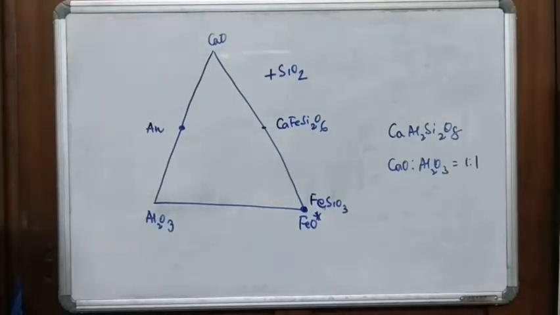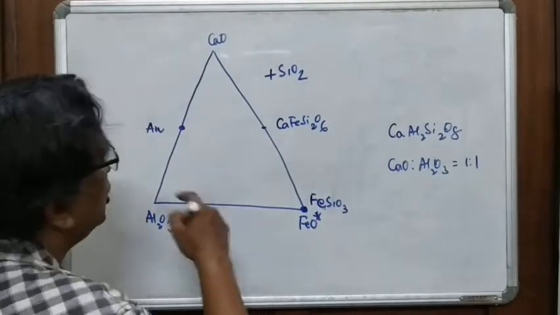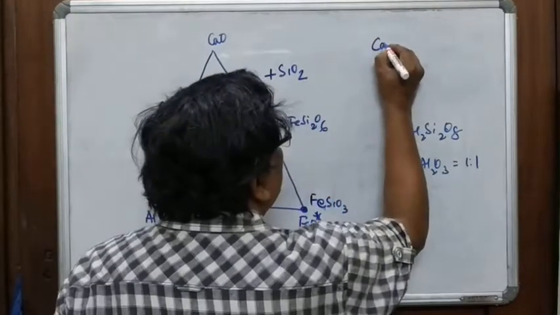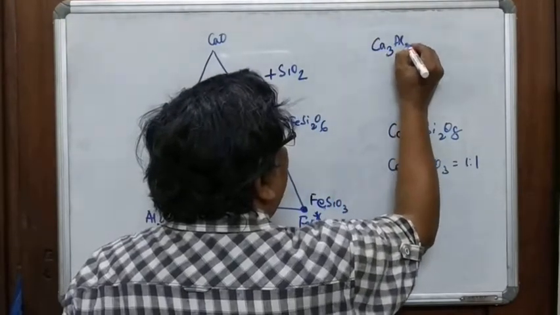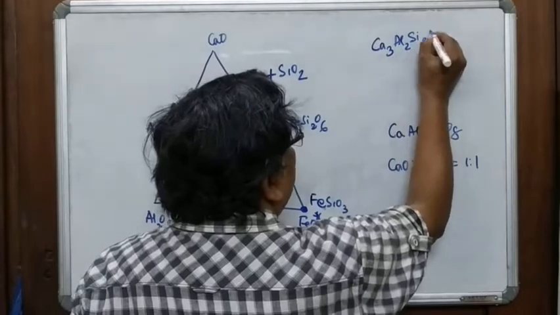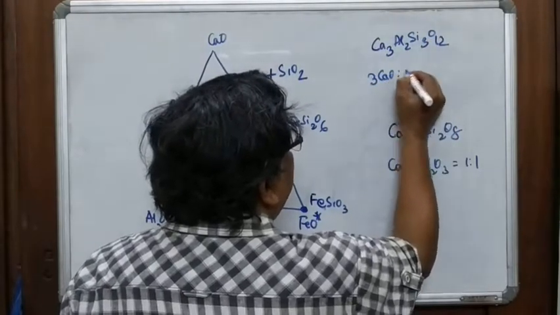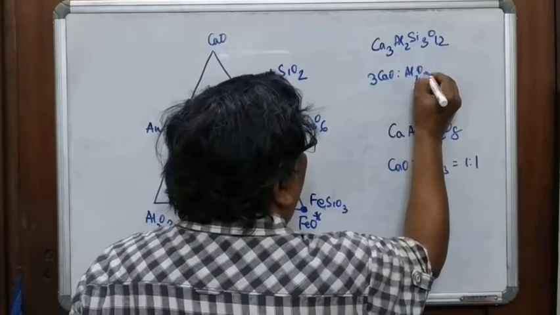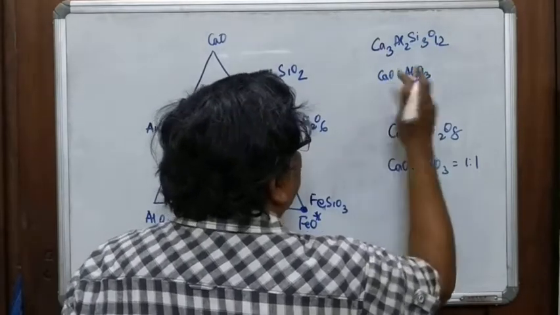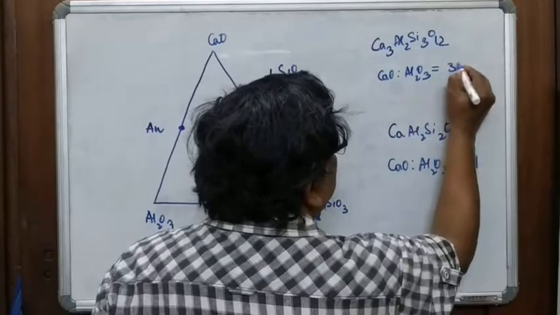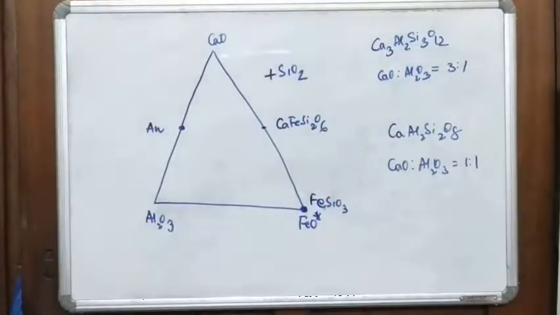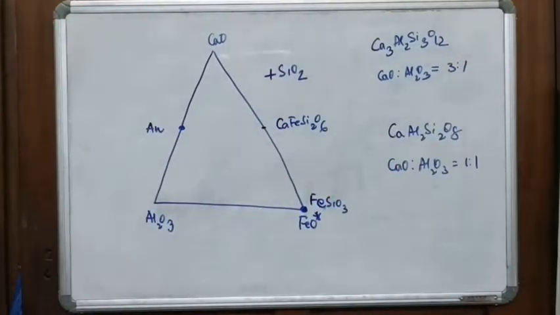Now we have to plot grossular. So grossular is Ca3Al2Si3O12. That means 3CaO to 1 Al2O3, so the ratio is 3:1. Is it not? 3CaO to Al2O3 is 3:1.